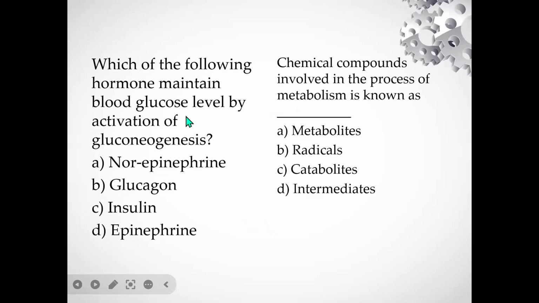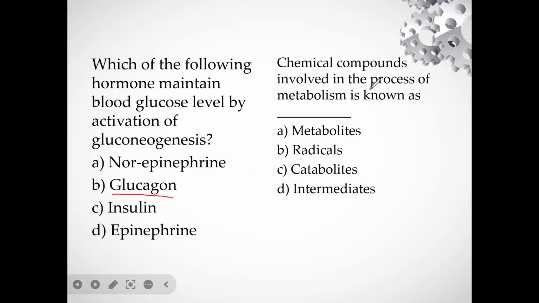And whenever the blood glucose level is low, then glucagon will be activated. What next if the glucagon is activated? It will stimulate and activate gluconeogenesis to start synthesizing glucose so that it can maintain the blood glucose level, because the blood glucose level is low. So gluconeogenesis is activated by glucagon.